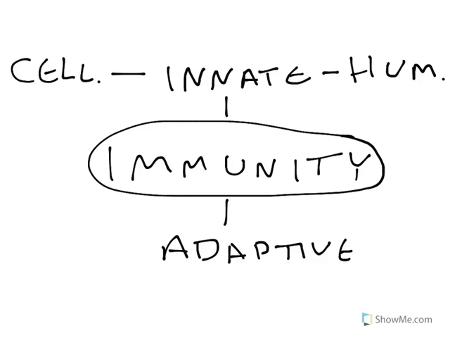So whenever we talk about humoral immunity, we're talking about macromolecules, for example, antibodies, which are involved in clearing pathogens from the body. Likewise, the adaptive immune system has a cellular component and a humoral component, but these components are, of course, different from the innate immune system.